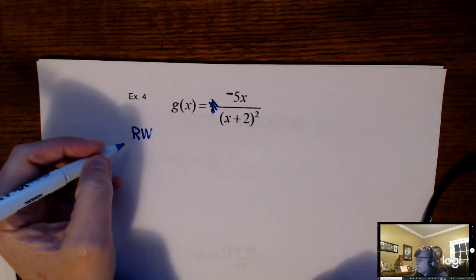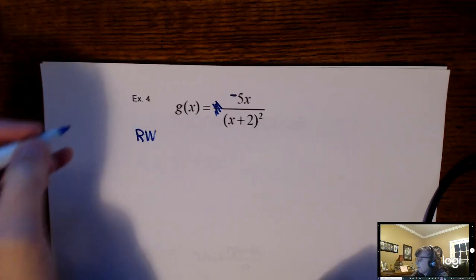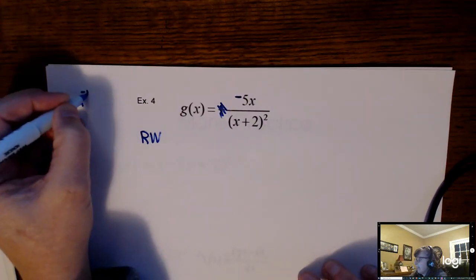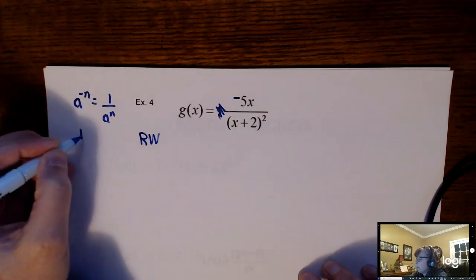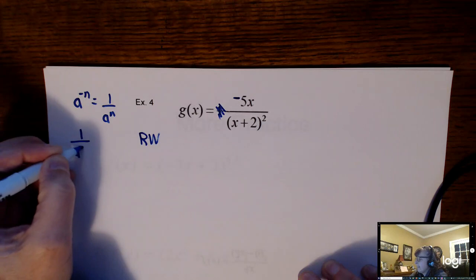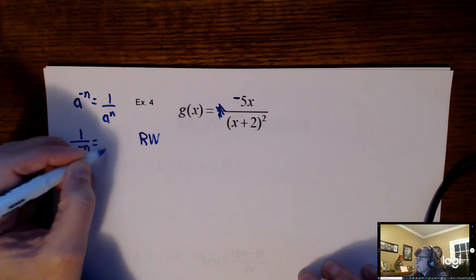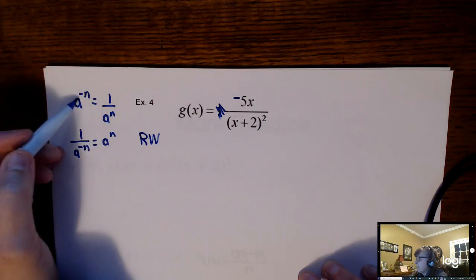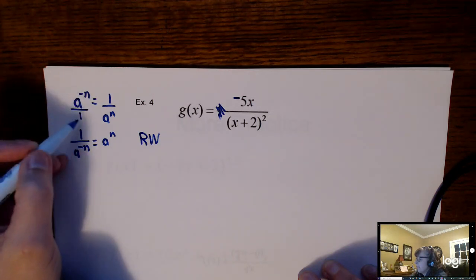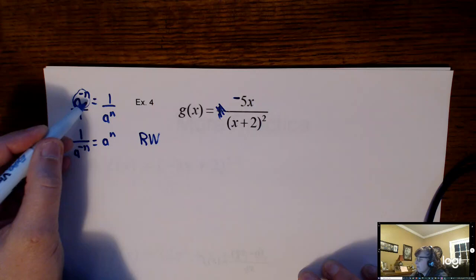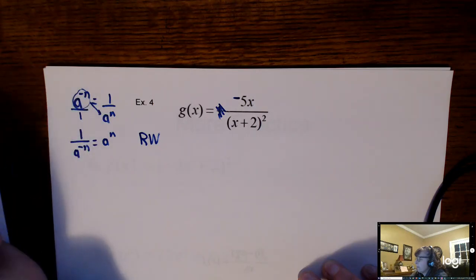So remember, a to the negative n is 1 over a to the n, but 1 over a to the negative n is a to the n. So a negative exponent just says flip me and make me positive. So a to the negative n over 1, that goes from the numerator to the denominator, but then the negative exponent changes.